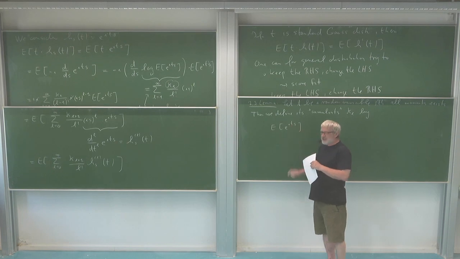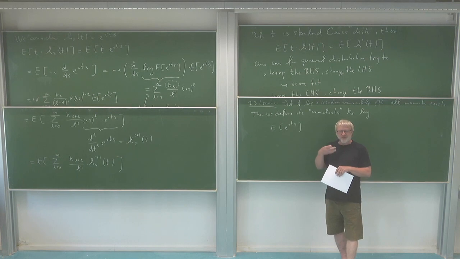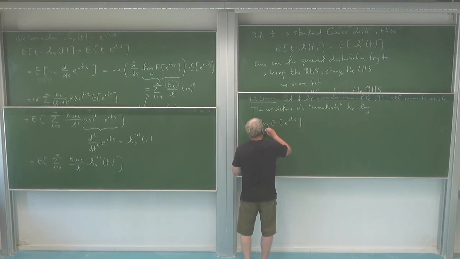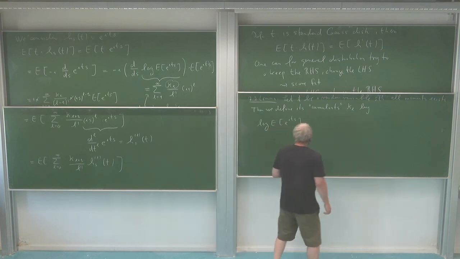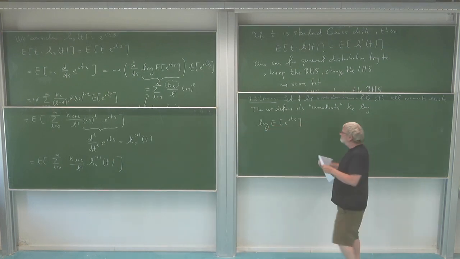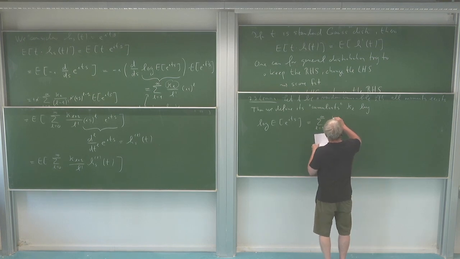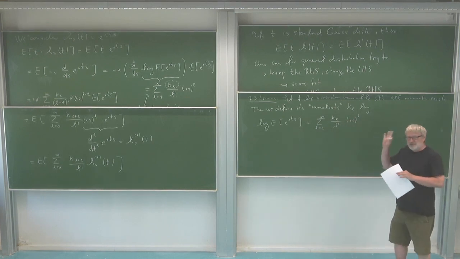This is the Fourier transform. In probabilistic terms, this is the characteristic function of the variable, which is the Fourier transform of the density. But of this guy I take the logarithm, and then I expand this logarithm in a power series in s, and the coefficients there I call cumulants. So this is, as I did it there, the sum from 1 up to infinity of some coefficients, which I denote by kappa L, divided by L factorial, times (i s) to the L. That's just the definition of the cumulants.